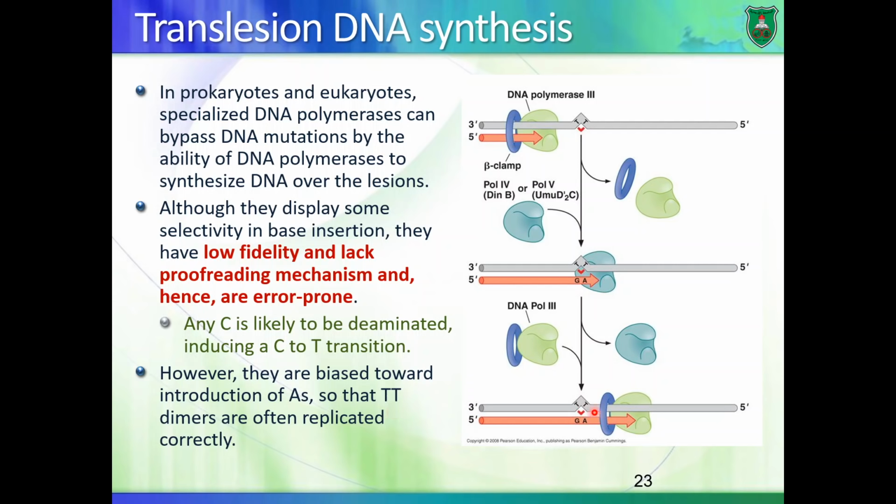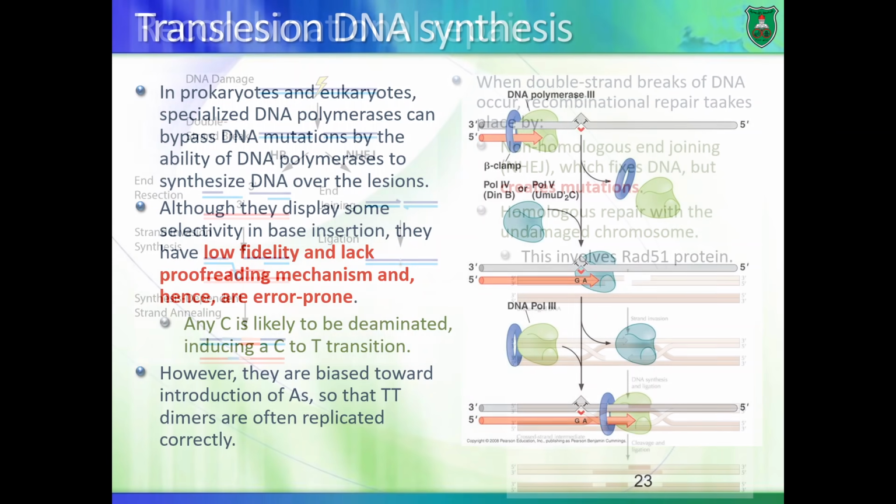Since pyrimidine dimers are mainly dimers of thymine, there is a preference of adding AA opposite to the pyrimidine dimer. So in a way, it's good that there is less chance that a mutation is created here. Something bad as well is that it's likely that C would be deaminated, inducing a CT transition.